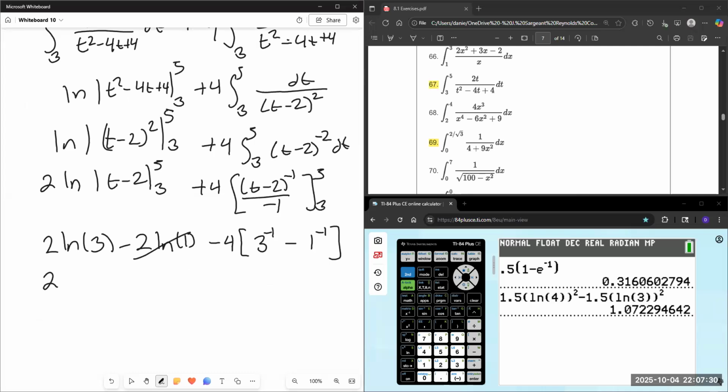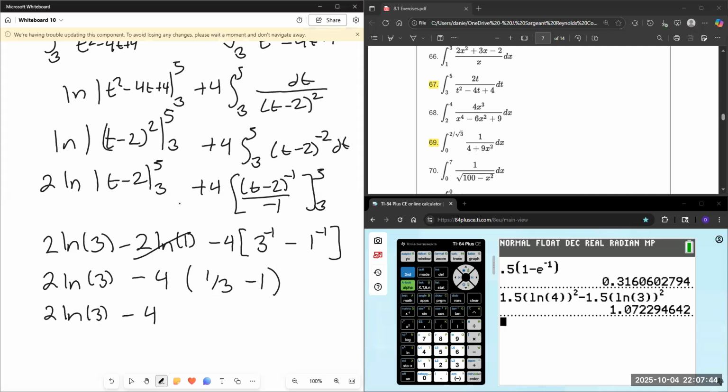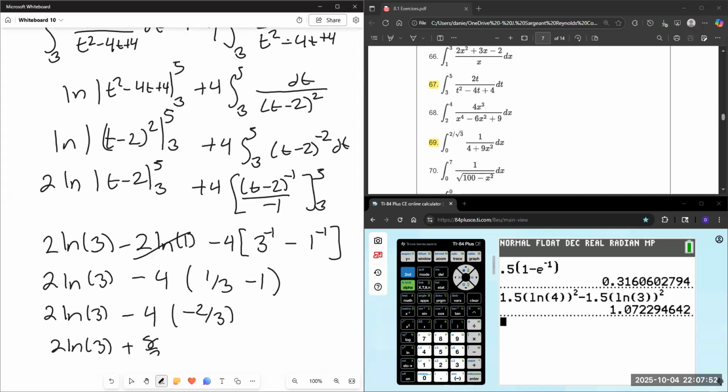So that is 2 ln of 3 minus 4 times 1/3 minus 1, which is negative 2/3. 4 times a negative 2/3 gives 2 ln of 3 plus 8/3, which is approximately 4.864.